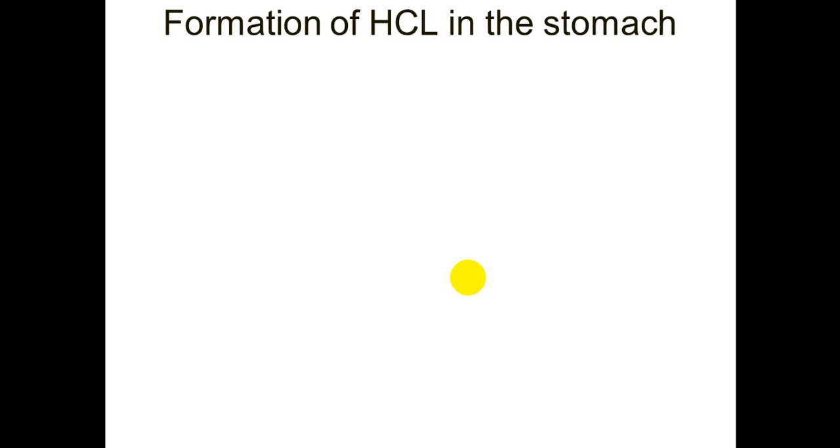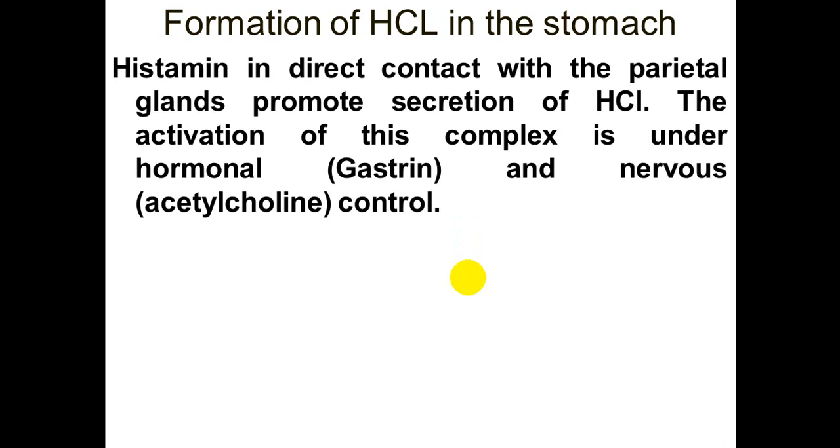Low pH in the stomach activates the proteolytic enzyme pepsin. Formation of HCl: histamine acts in direct contact with the parietal cells to stimulate secretion of HCl. The activation of this complex is under hormonal gastrin and nerve acetylcholine control.